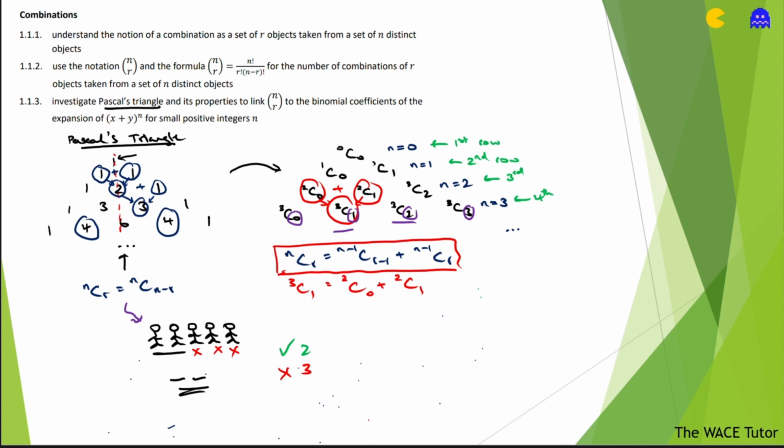And so conceptually, choosing 2 people is the same as not choosing, I'll represent that like this, 3 people. So 5 choose 2 is equal to 5 choose 3. And more broadly, n choose r is equal to n choose n minus r.